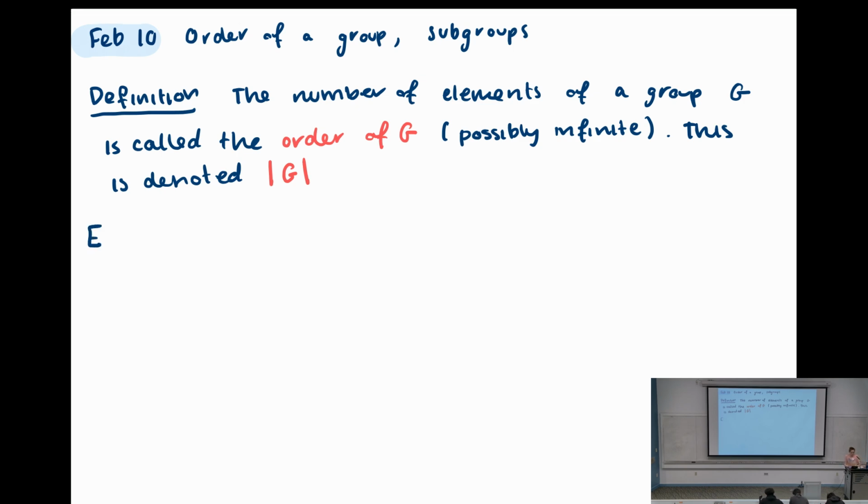Just some examples. A group with infinite order, an example of that would be the integers. So this is infinite order. And then what groups of order 4 do you know?